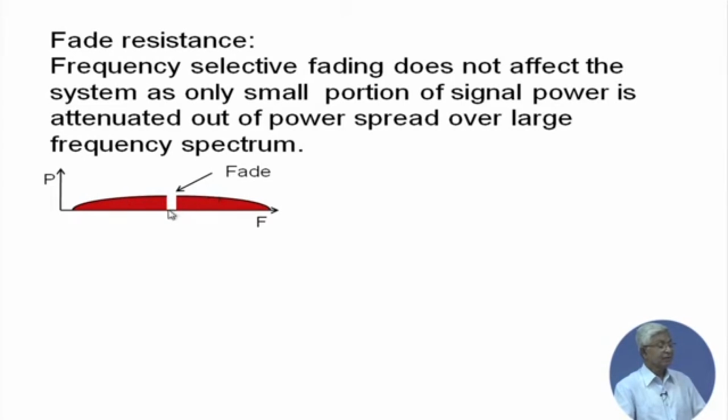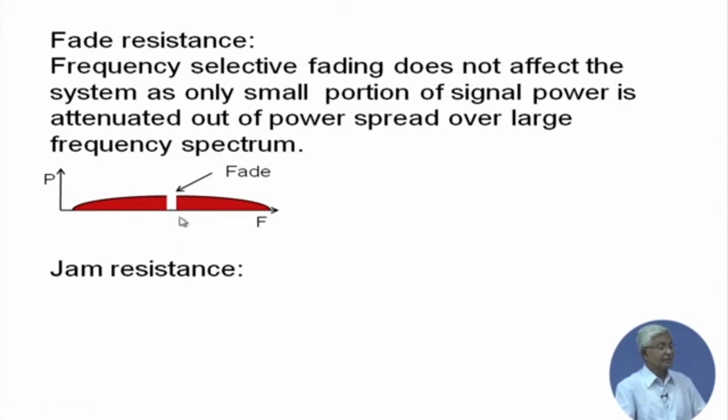In that, one small portion of the frequency is faded, so there is no power at that place. Even if we receive it like that, since most of the power is present and only one small fraction is lost, you can still recover it. So it is fade resistant.